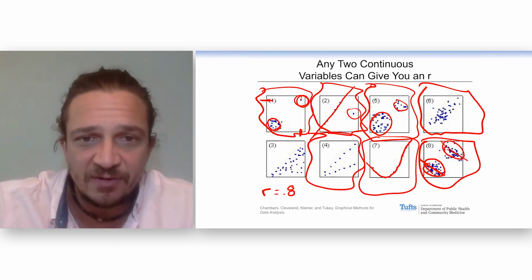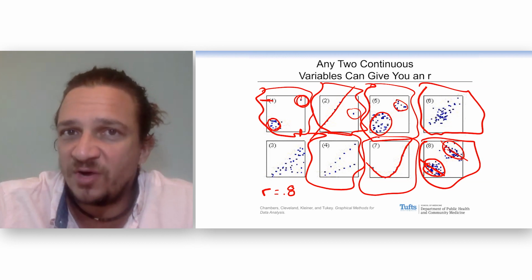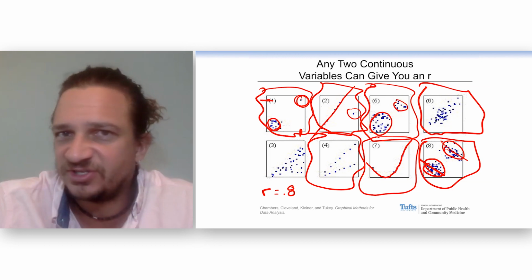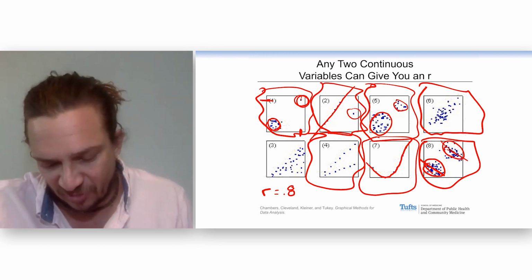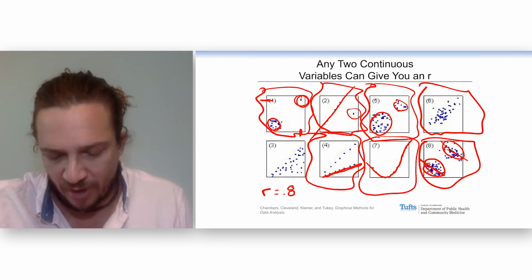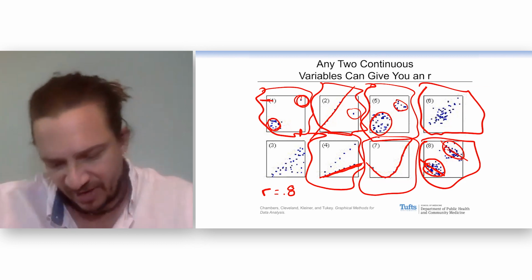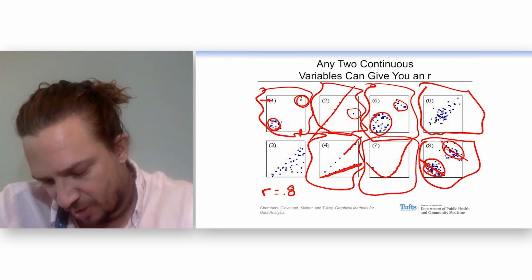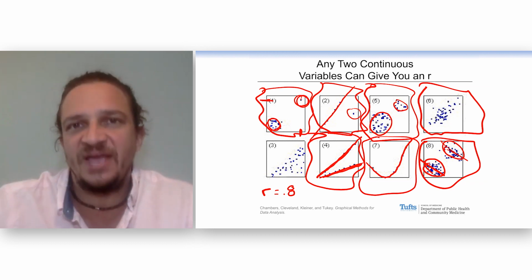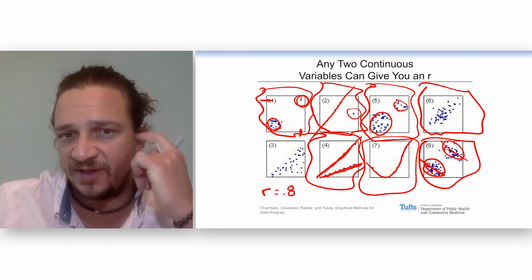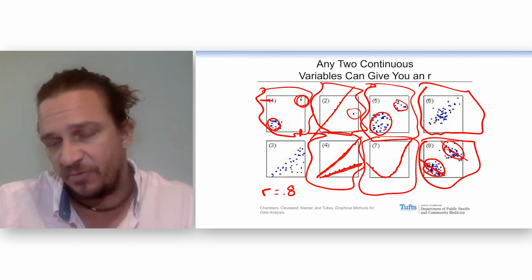The correlation is 0.8. But when you look at the data, what do you notice? Well, looks like there are two distinct groups here. It looks like in this group, the correlation is 1 with kind of a shallow slope. In this group, the correlation is 1 with kind of a steep slope. This is an important concept of effect modification, which you'll study in epi and which we'll do later on in the semester, that the effect in each group is different.